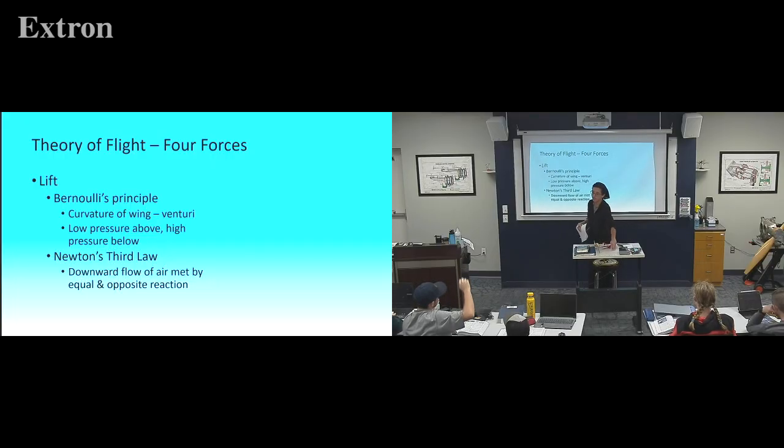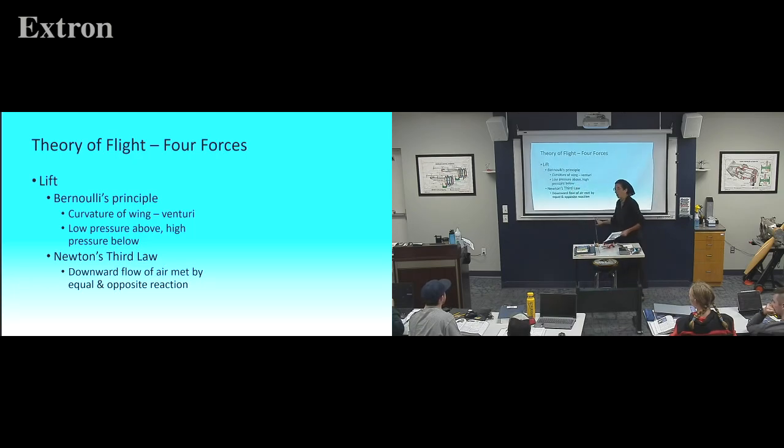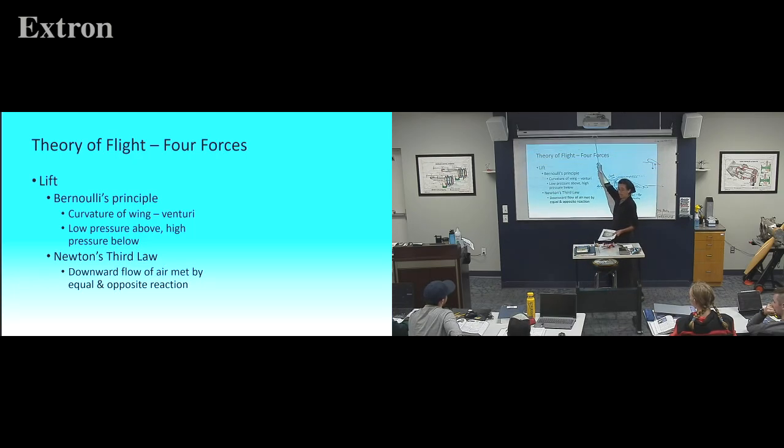So thinking about Newton's law, if the wing was flat on the bottom, then there wouldn't be anything to deflect the air. And there are different shaped wings. We're going to talk about wings that are symmetrical.